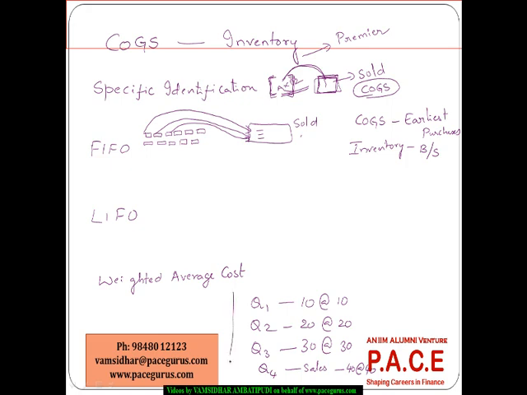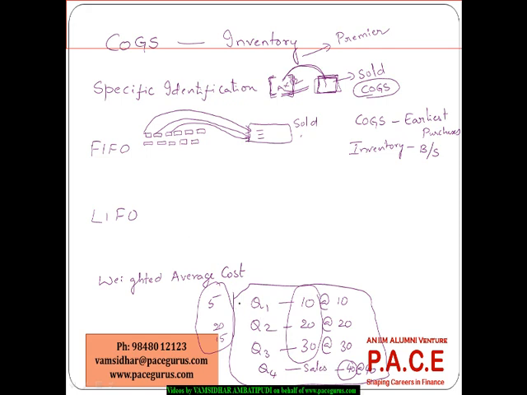Let's say this is what the transactions have typically been. Now, if I can identify which of these 60 raw materials have gone into the production of the 40 sold, probably 5 units of this, 20 units of this and 15 units of this, then I'll take the cost of this 40 and directly show it as cost of goods sold.